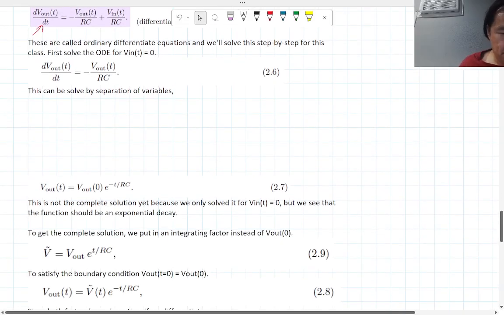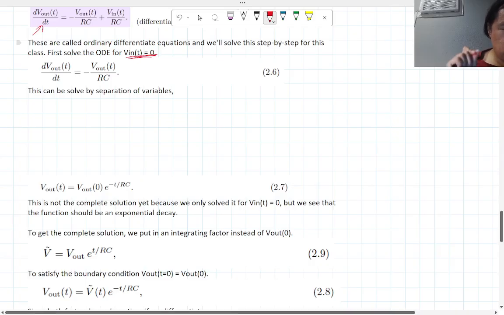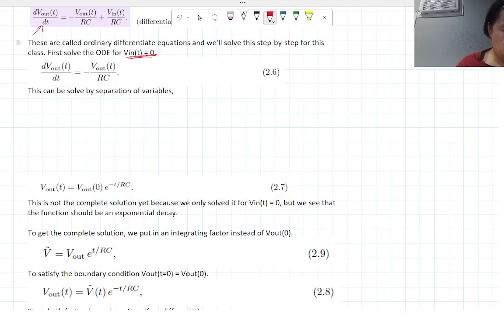First, to solve this differential equation, we're going to solve it for the time when V in is equal to 0. This is a particular solution, but then we're going to generalize that afterward to get the full solution. If V in is equal to 0, this entire term disappears, so you just end up with dV out/dt equal to negative V out over RC.